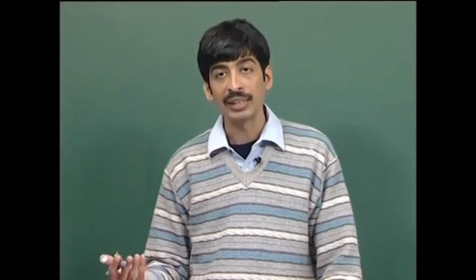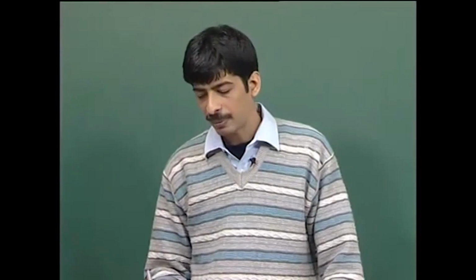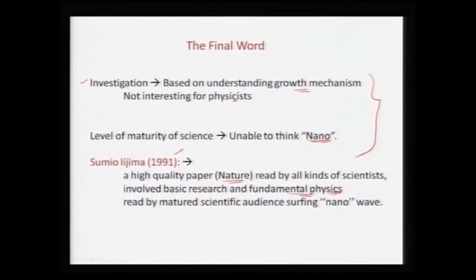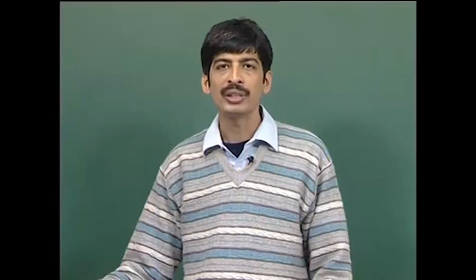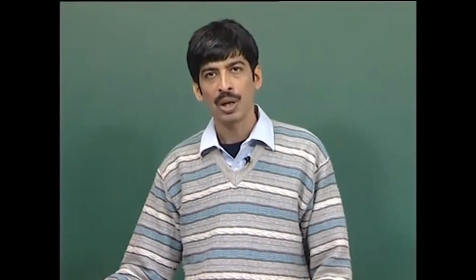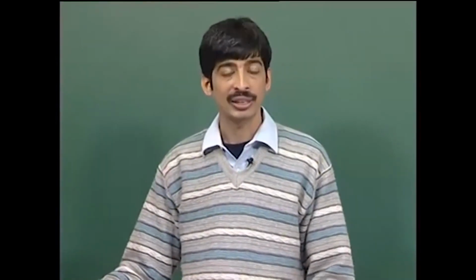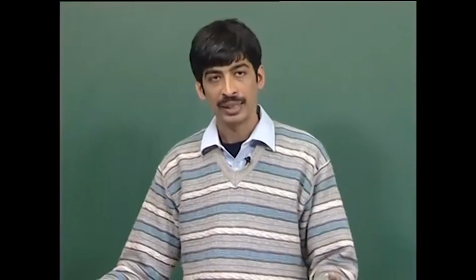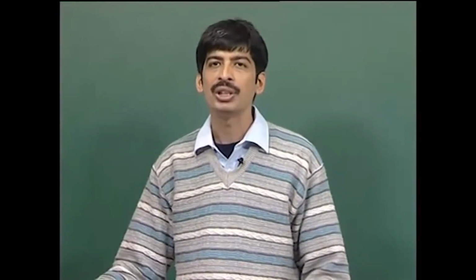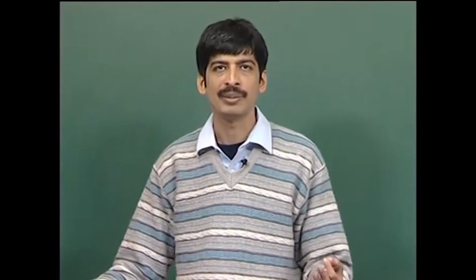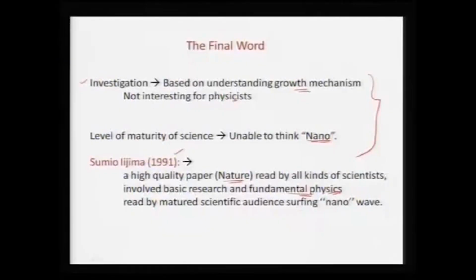It was written in English and it was read by all the physicists. The term he coined was carbon nanotube. It had caught the wave because it was published in Nature, written in English, accessible to all the physicists, and read by matured scientists because the science had developed to that extent, and that basically popularized the discovery of carbon nanotubes.